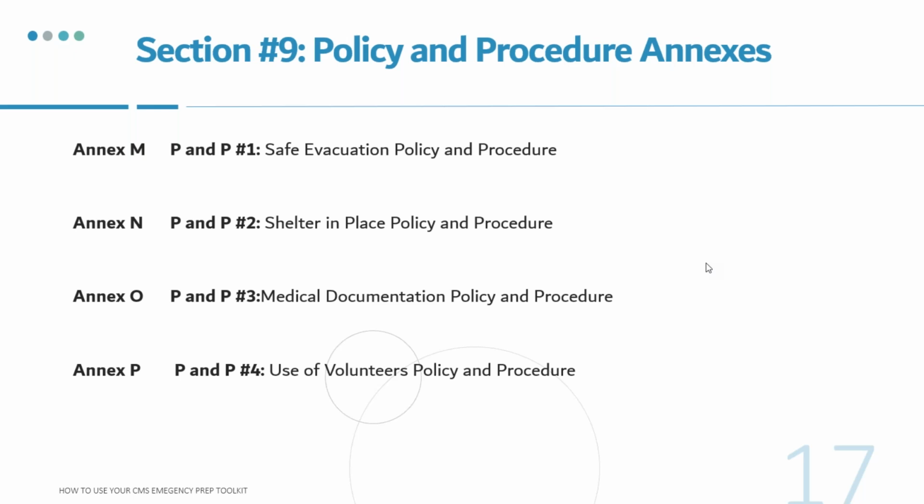PACE programs take care of their participants in their center, but also at home. So they have an added responsibility of monitoring and providing services 24/7. And that is why they have all of those policies and procedures.